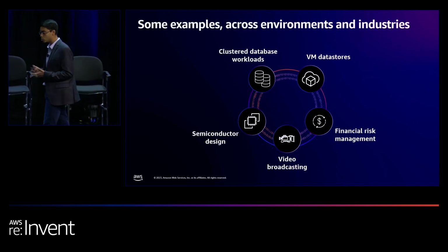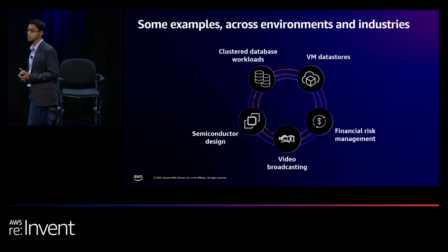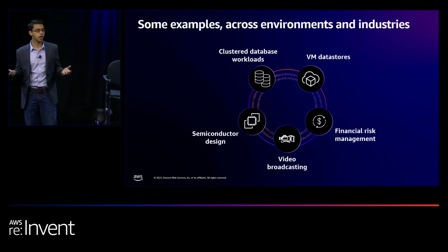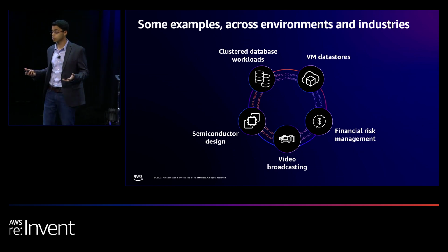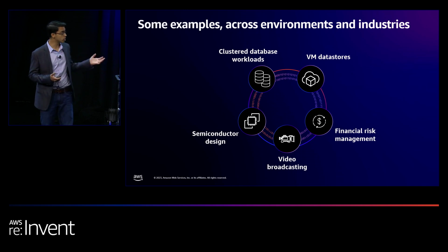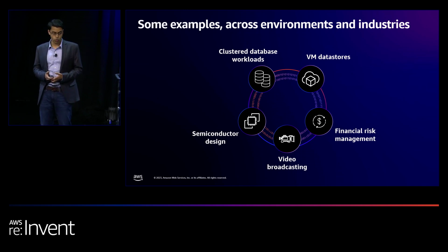So a few examples of some business applications. These really span almost any type of application environment or industry that you might think of. Here are a few examples, some of which we'll be diving into today in more detail. And we have customers running each of these and more, and each one is business critical for their company.